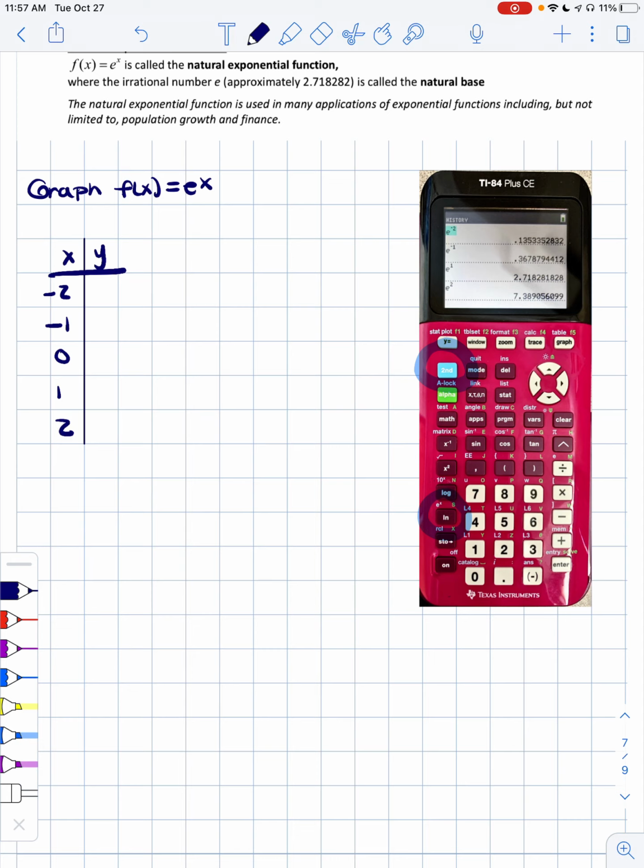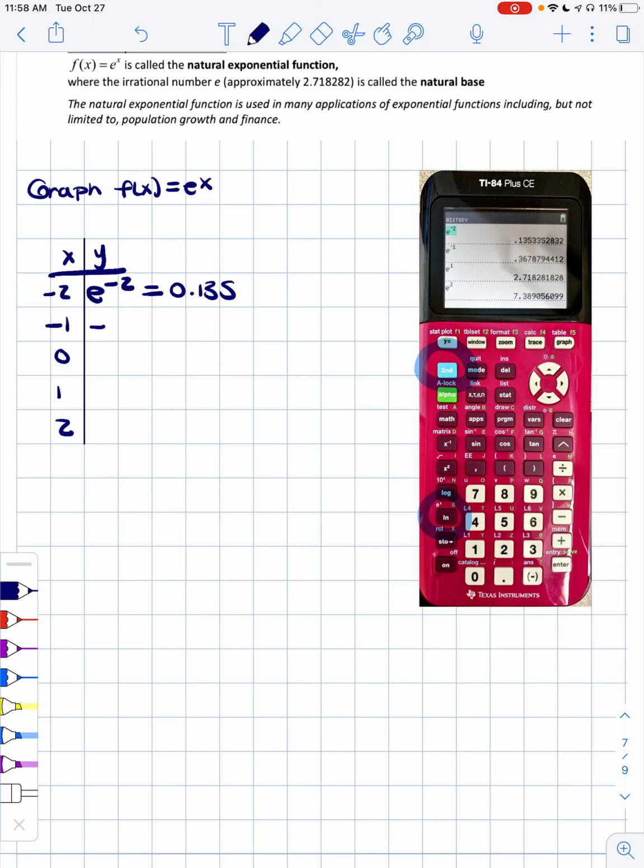So if we plug these into our function, I'm just going to use my calculator to do it. So I'm thinking e to the -2. Again, I'm hitting second, that ln button, and then enter. e to the -2 is approximately 0.135.